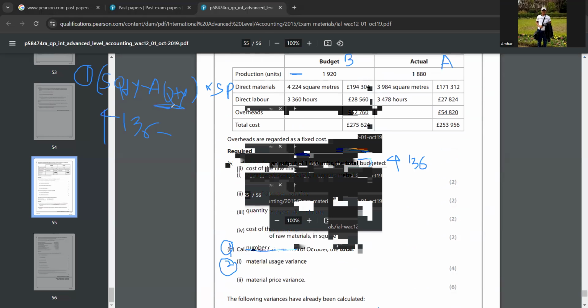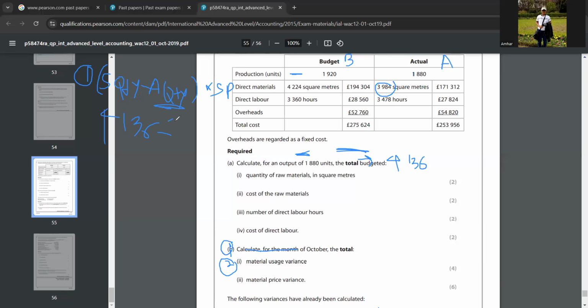So this is the actual quantity here, 3,984. So you have to put that 3,984 here and then into standard price.